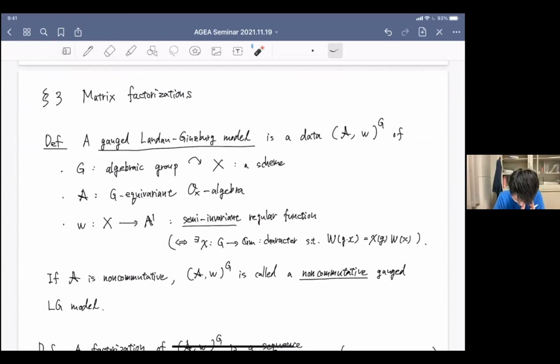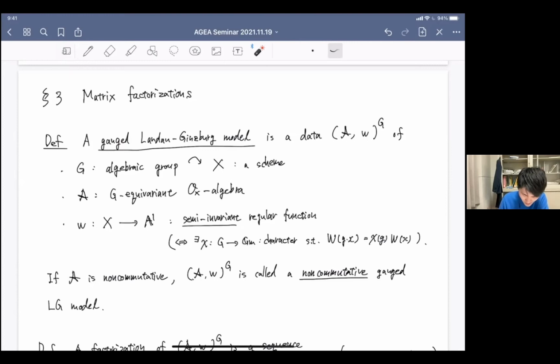So let me start by recalling the definition of a gauged Landau-Ginzburg model. A gauged Landau-Ginzburg model is data A, W, G, and G is an algebraic group acting on X, and X is a scheme, or X can be an algebraic stack.